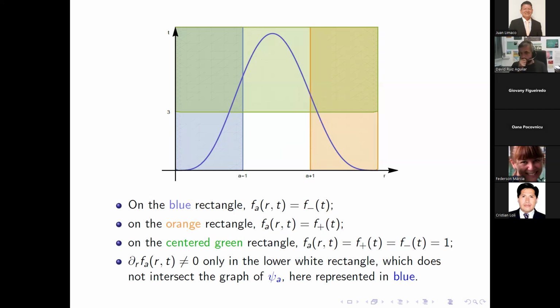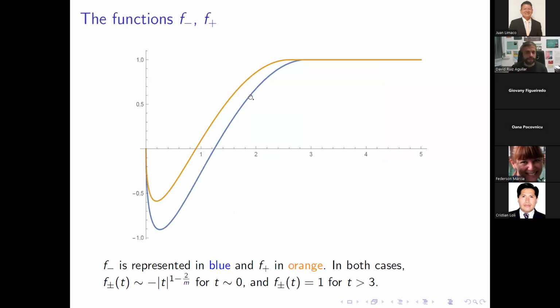Okay. And now the functions f minus and f plus are depicted here. As I told you, from a certain point on, it is equal to 1, so they coincide, and they are not Lipschitz at 0, as I mentioned. If you want to have this behavior at the boundary, then f has to be non-Lipschitz at 0.